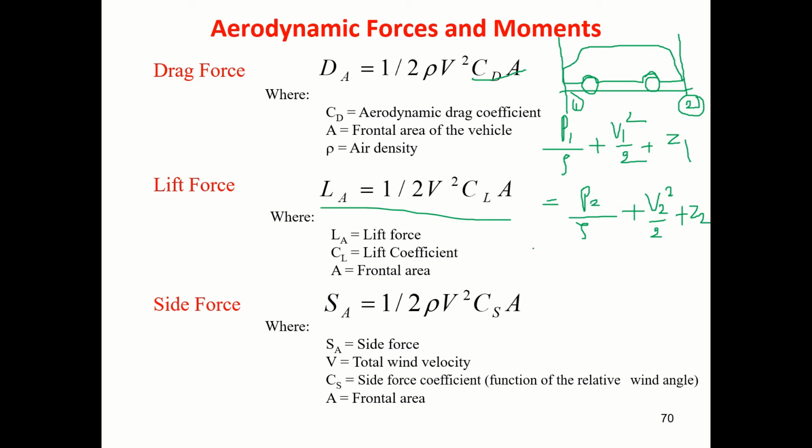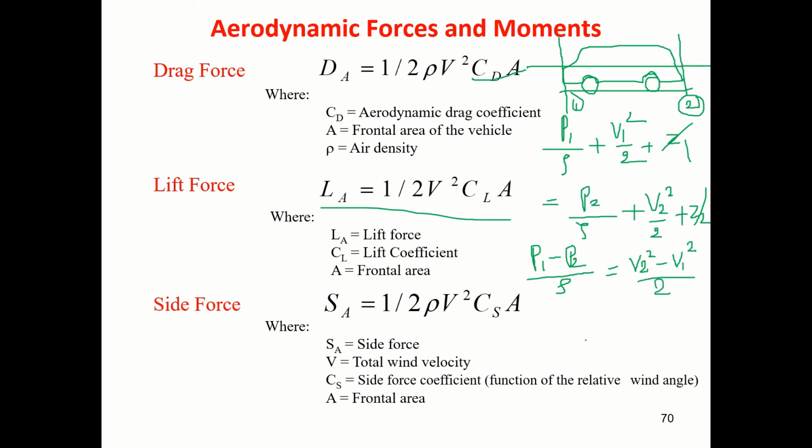So let us say P1 minus P2 by rho. Here I'll cancel Z1 and Z2, they are along a line, they're equal. So it is V2 squared minus V1 squared by 2.